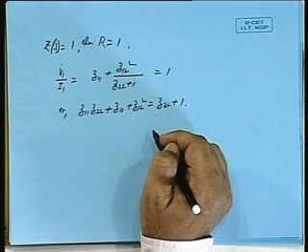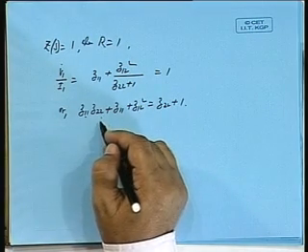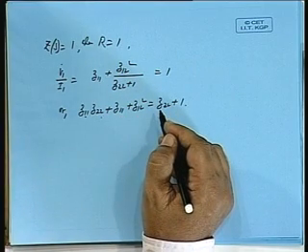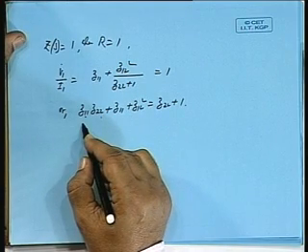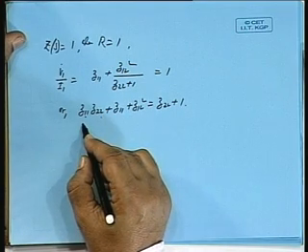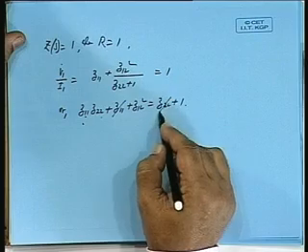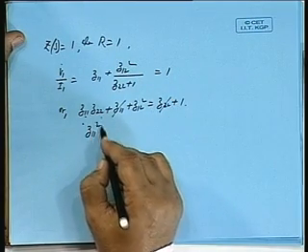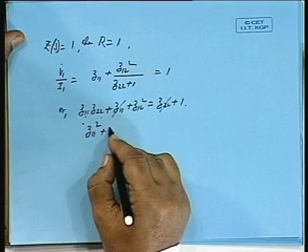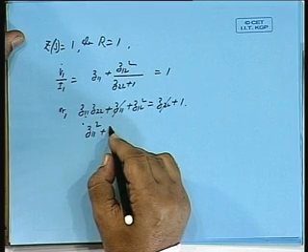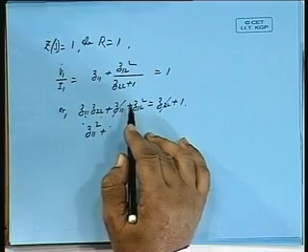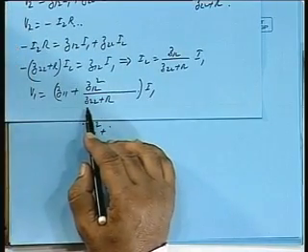So, what do you get? Z11 into Z22 plus, now if we have a symmetrical network, then Z11 is equal to Z22. Okay? Is it all right? So, Z11 and Z22 they are same. So, this is Z11 squared plus, there is something I have made a slip, just check up.